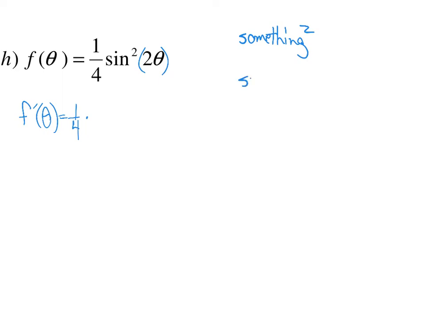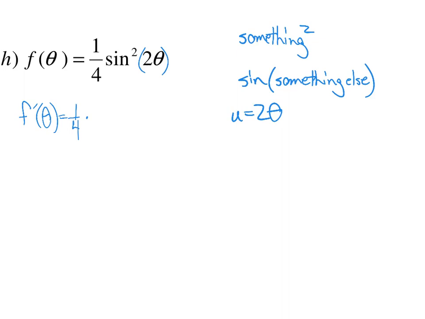We have sine of something else. And then what is that something else? 2 theta. So that's the u. I know this is not formal notation here at all, but it helps us to put it in terms of words.